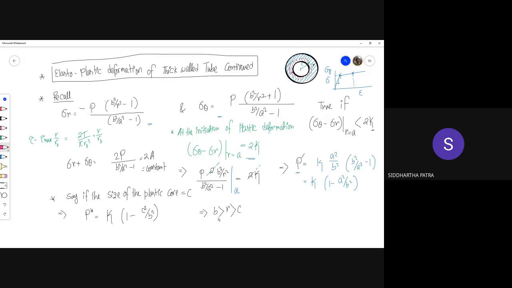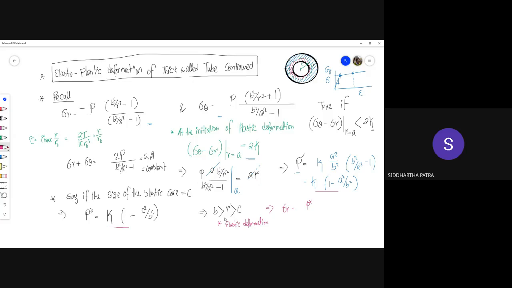Okay, so that means you are going through elastic deformation. So over here, your sigma r is going to be P star. So this equation only comes into play when you have yielding.